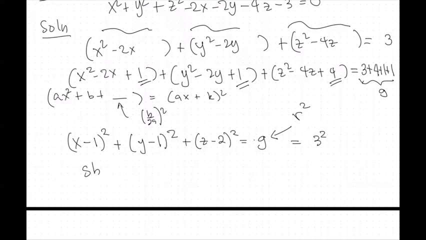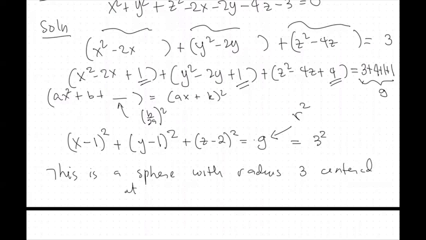So this graph is a sphere with radius 3 centered at what? This is 1, this is 1, this is 2.